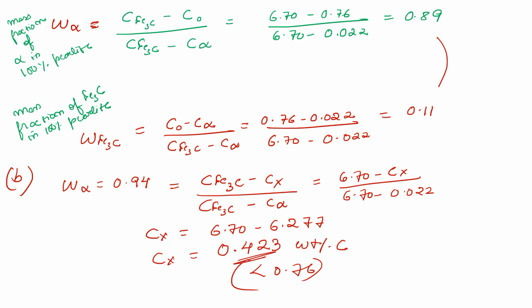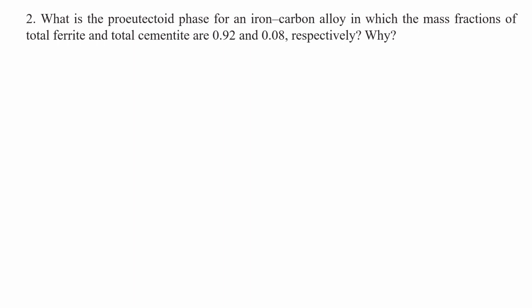So moving on to the next question. It asks, what is the proeutectoid phase of an iron carbon alloy? We don't know if it is proeutectoid alpha or Fe3C.